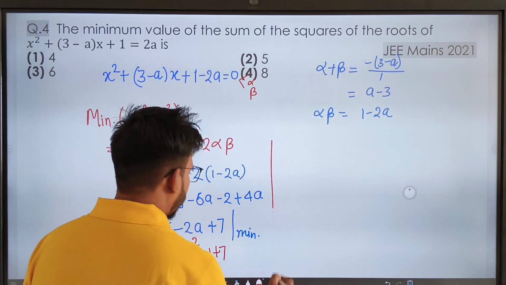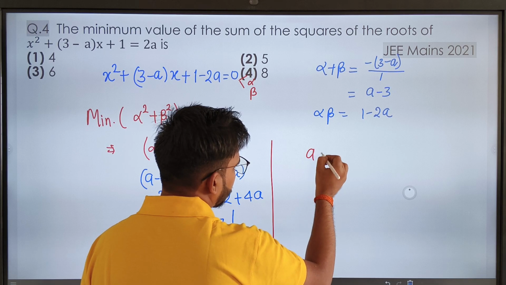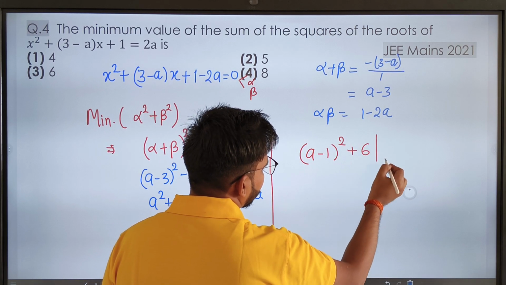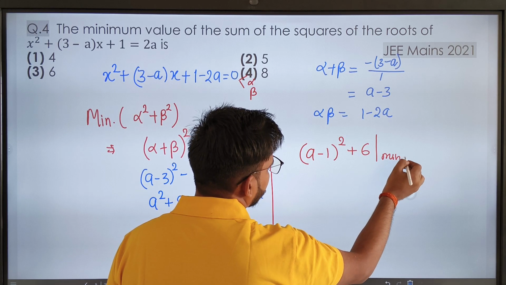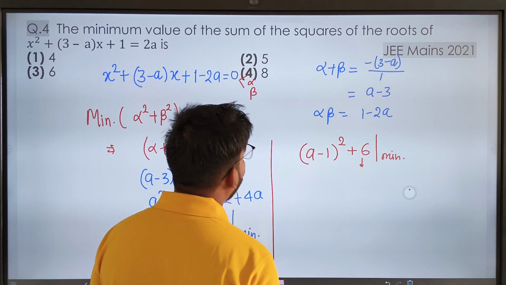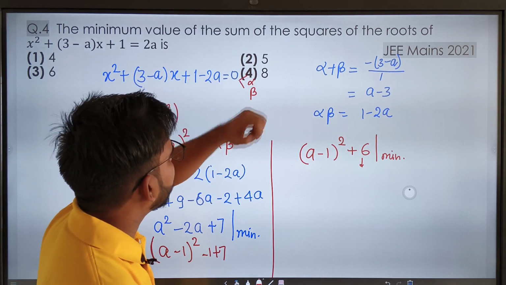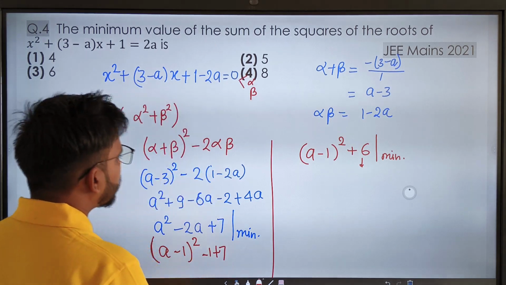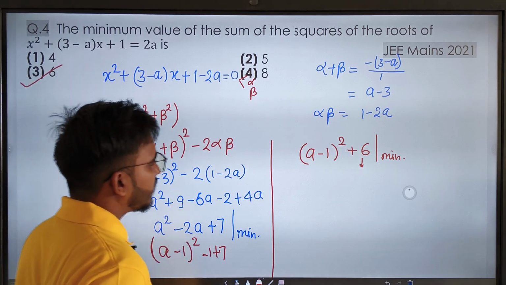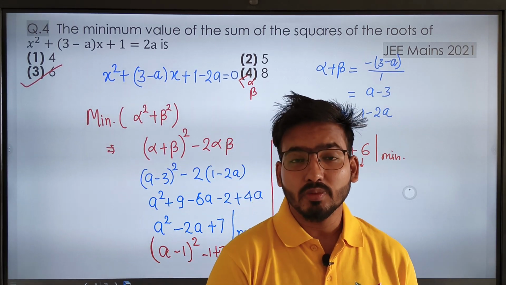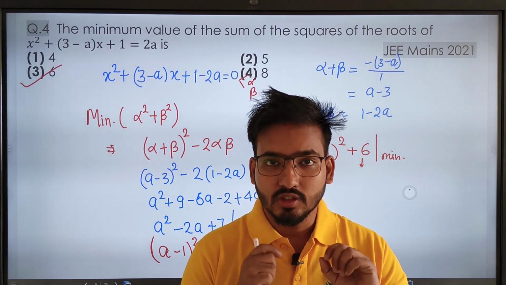So basically it will be (a minus 1) whole square plus 6, and its minimum value is going to be 6 at a equals to 1. The minimum value of the sum of the squares of the roots of this equation is going to be 6, because it is a perfect square, and a perfect square at minimum will give us 0.